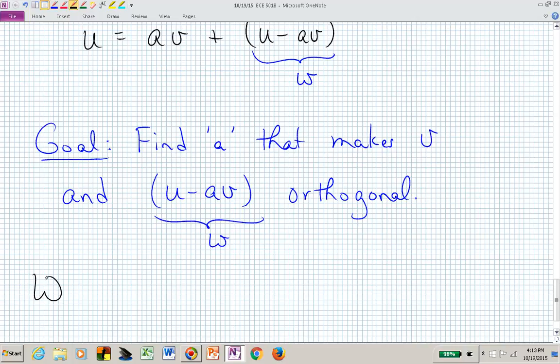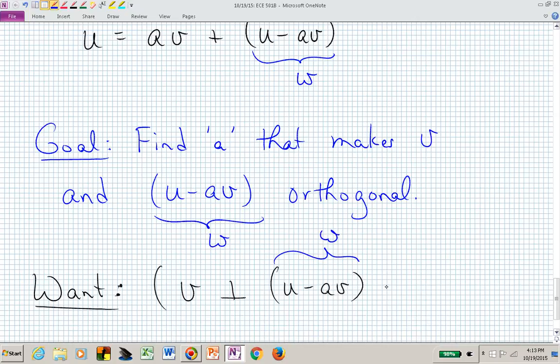And if we wanted to say this in a more shorthand way, we could say v is perpendicular to u minus av. Again, this is our w, and that's what we want.